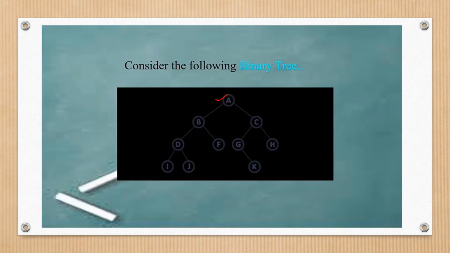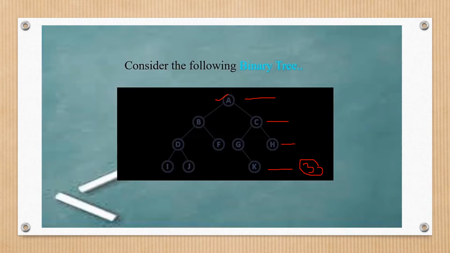How many levels are there? 0, 1, 2, 3. That means the height of the tree is 3. And how many nodes are there? 1, 2, 3, 4, 5, 6, 7, 8, 9, 10. 10 nodes are there.